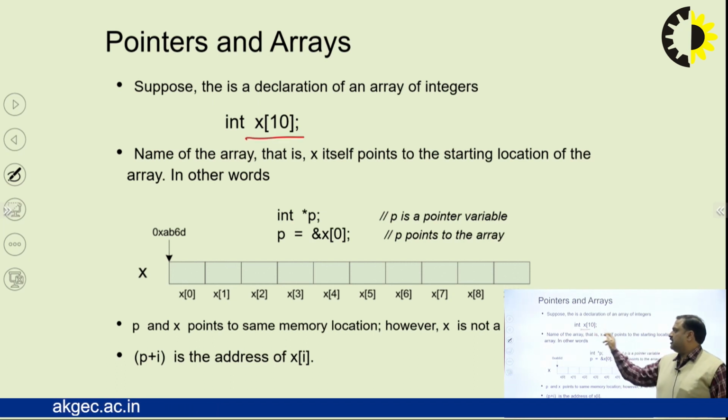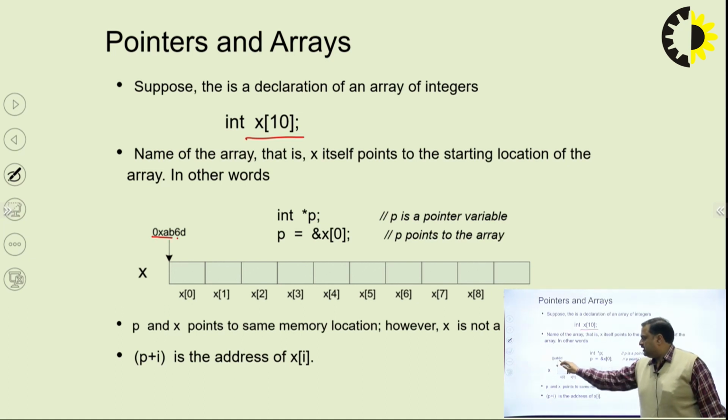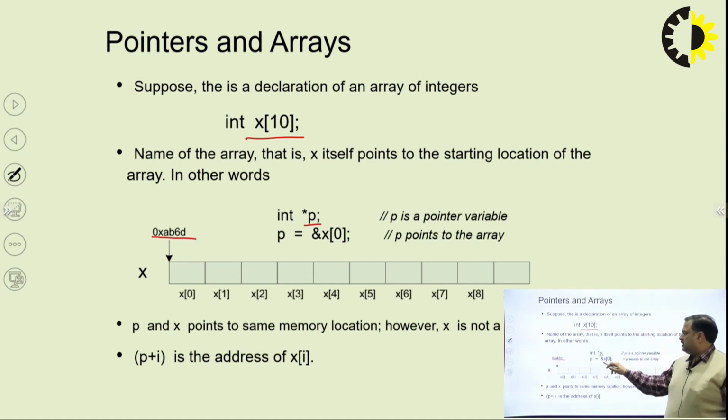Like here we are having a variable x pointing to a 10 sized integer array, and it has an initial address. We have a pointer p and we assigned the address of the first element. We can also write simply x.